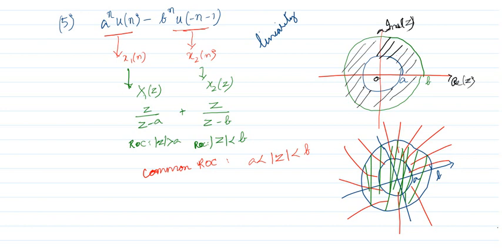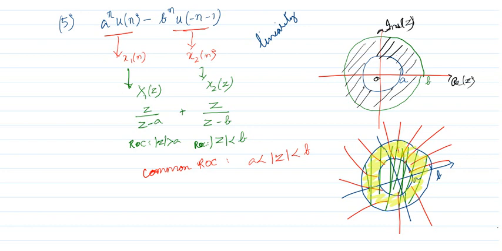Common region is between a and b. This region is common. You can see the red color strip line and the green color strip line are common in this region.